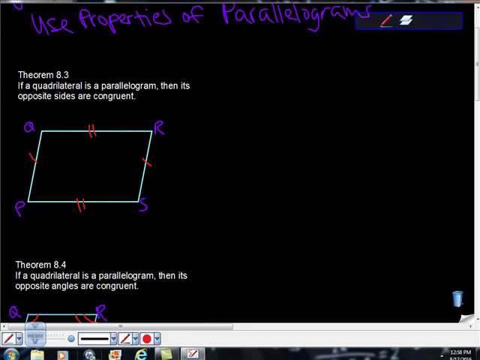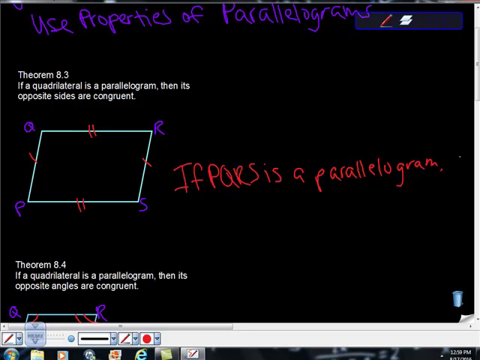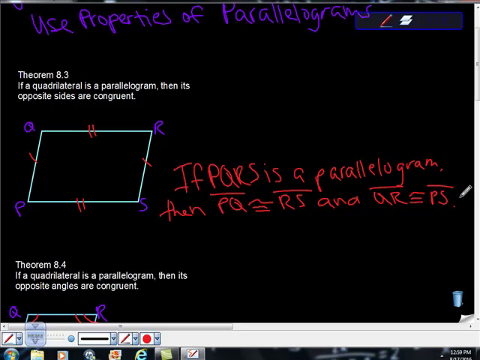So looking at this quadrilateral here, we can say that if PQRS is a parallelogram, then segment PQ is congruent to segment RS, and side QR is congruent to side PS. So pretty simple. Opposite sides are congruent.